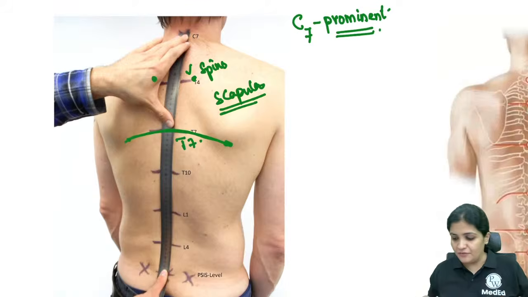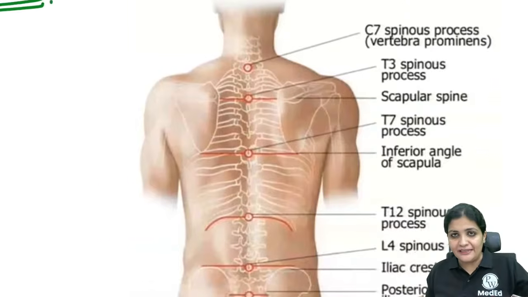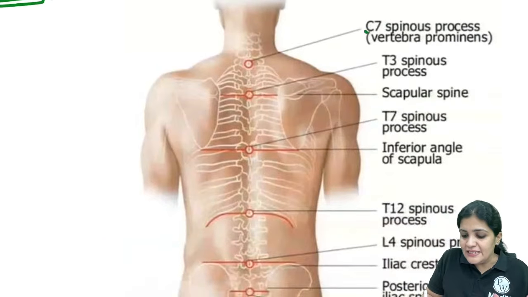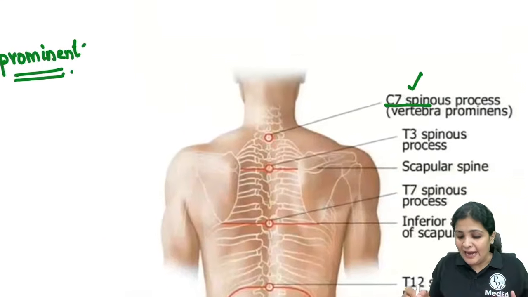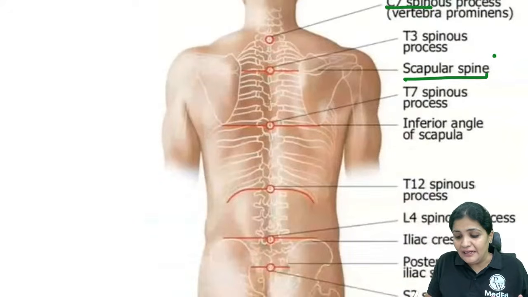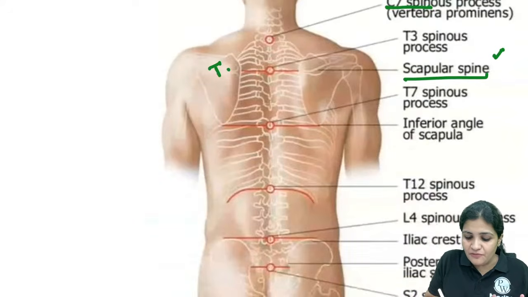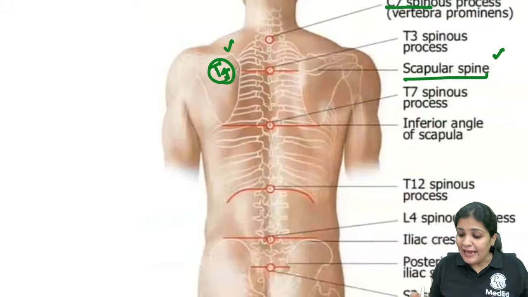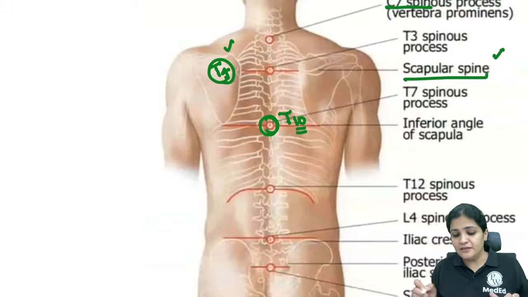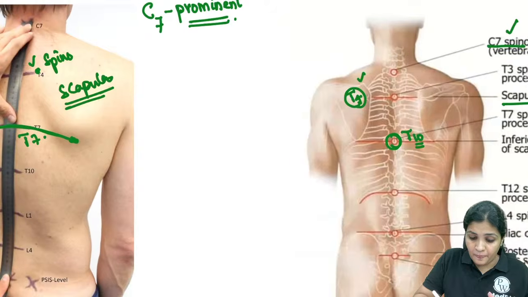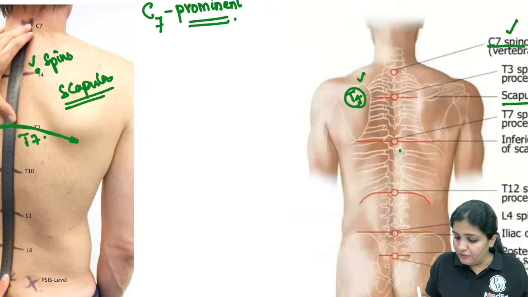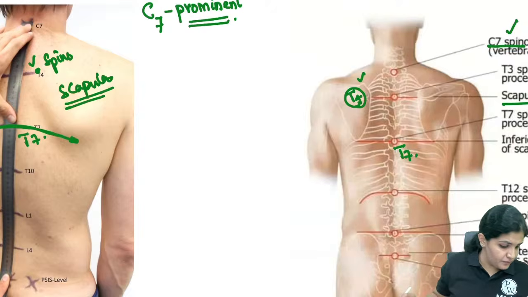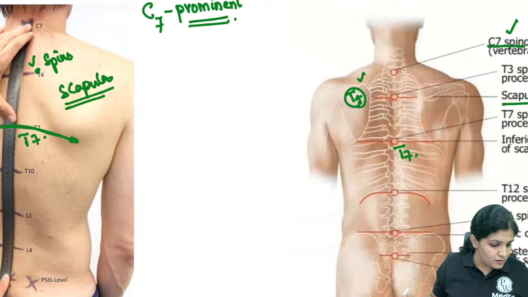You can take the help of this diagram, where you see C7 is very prominent, the scapular spine is at the level of T4, and the inferior angle is T7.